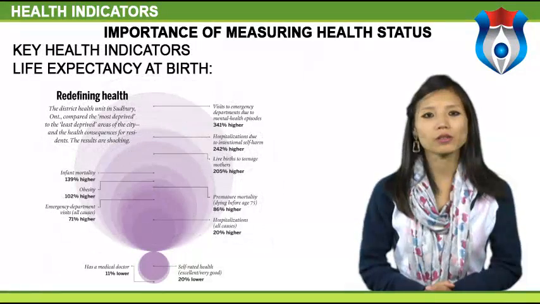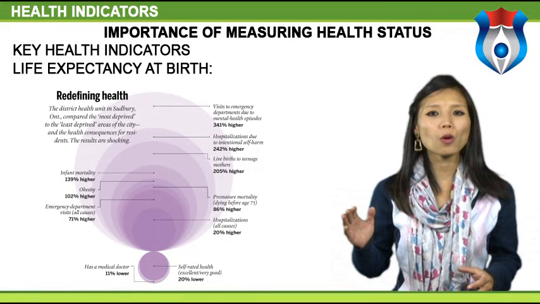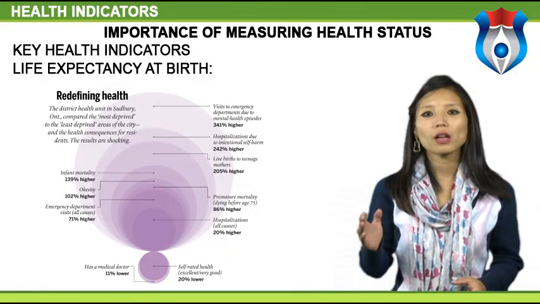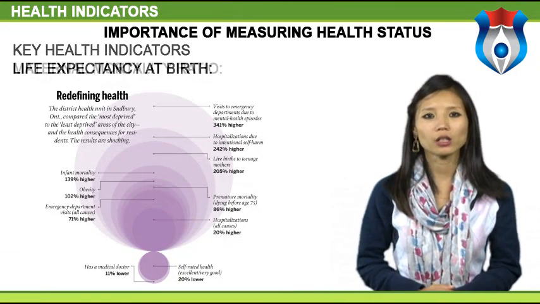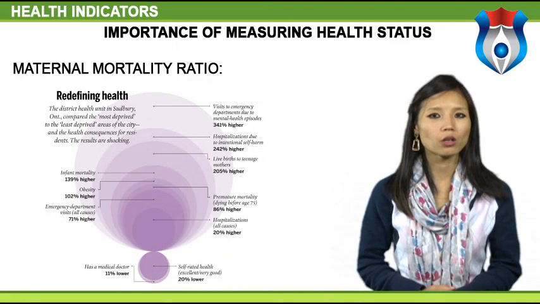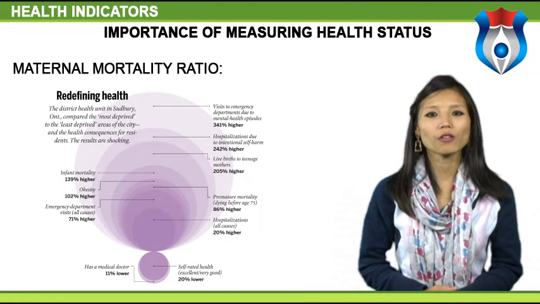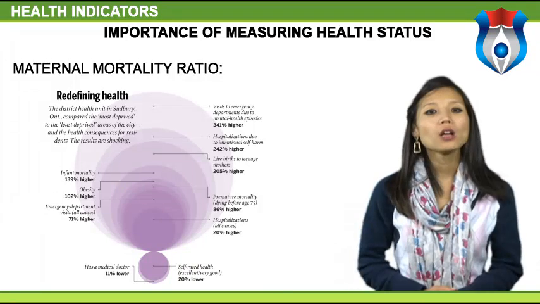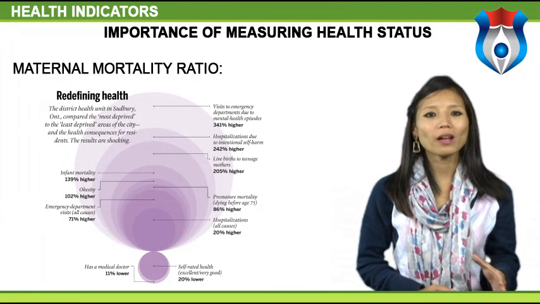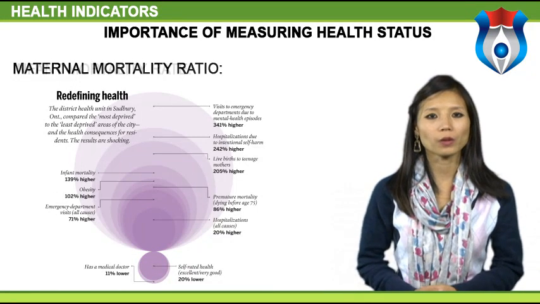Key health indicators. Life expectancy at birth: the average number of years a newborn baby could expect to live if current mortality continues. Maternal mortality ratio: the number of women who die as a result of pregnancy and childbirth complications per 1 lakh live births in a given year.